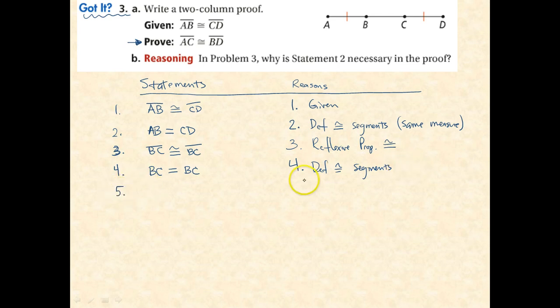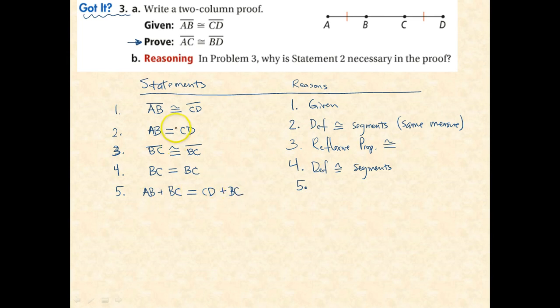Alright, what is next? Okay, so I've got some numbers. I've got that the length of AB is equal to the length of CD, and the length of BC is equal to the length of BC. So, if I add the length of BC to both sides of this, I'm going to say length of AB plus length of BC is equal to the length of CD plus length of BC.